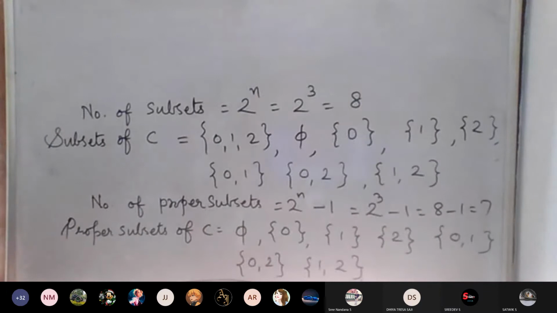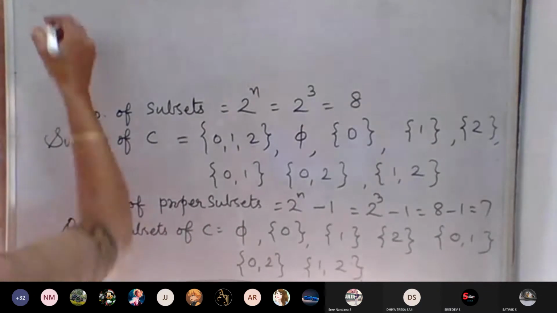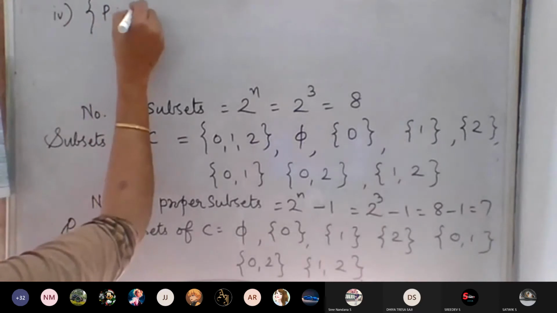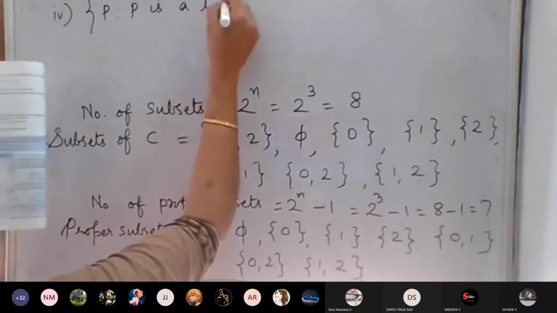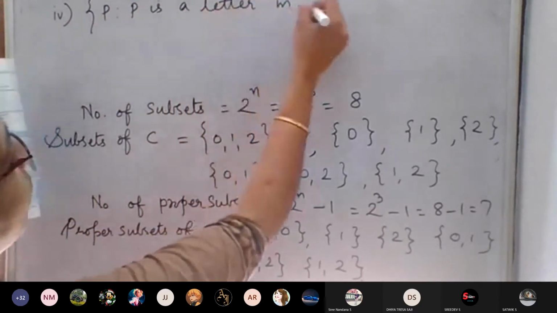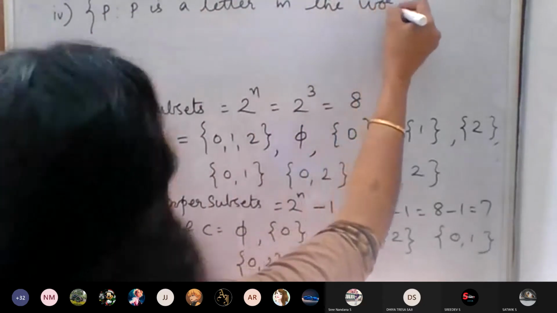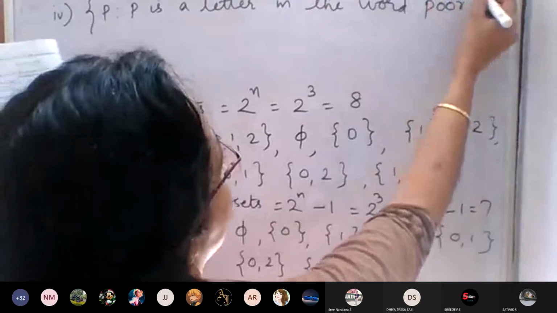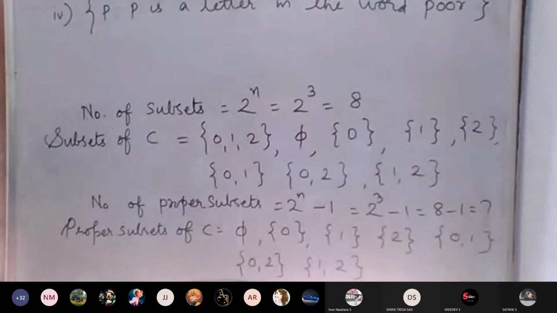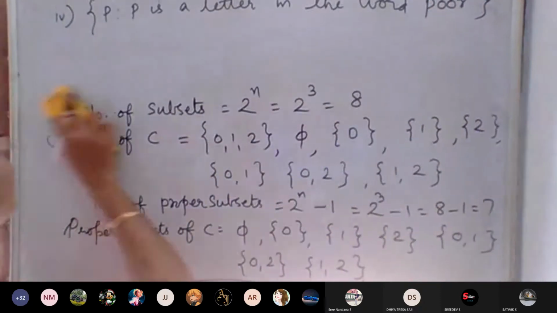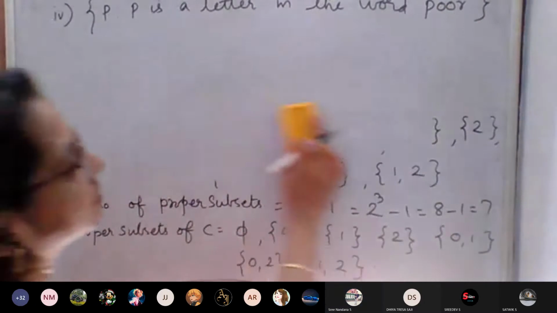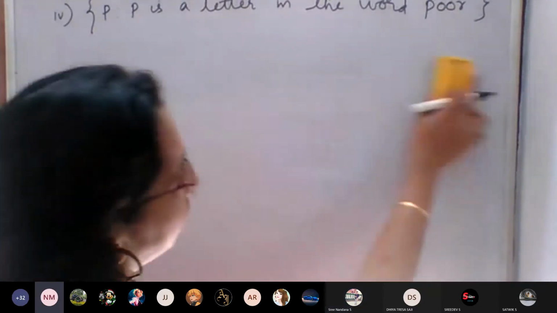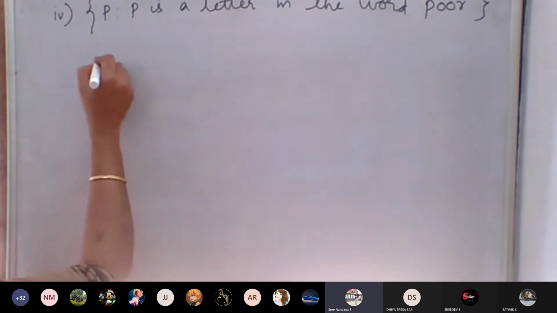Fourth question. Set of all P such that P is a letter in the word poor.